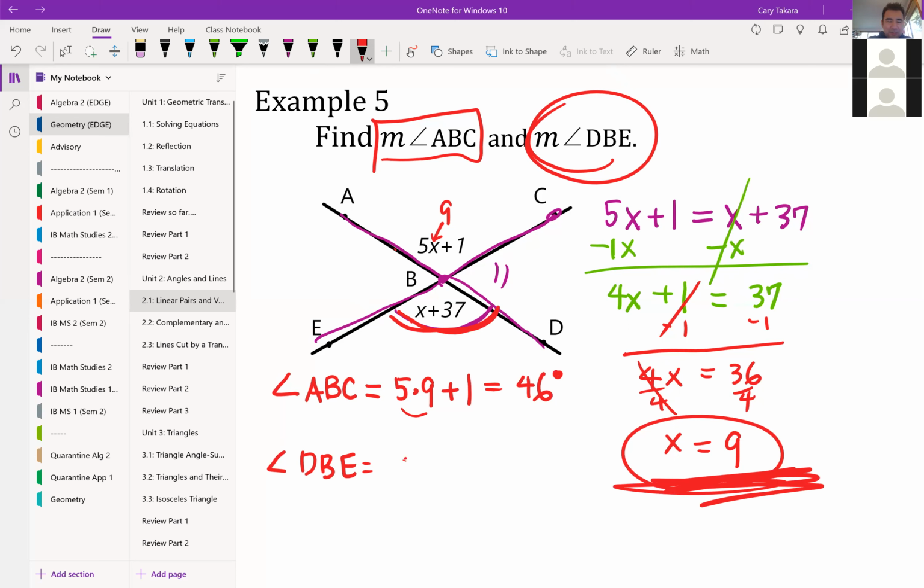So it's going to be 9 plus 37, which is, again, 46. Because they are vertical angles, they have to be equal, right? 46 and 46. So that makes sense.